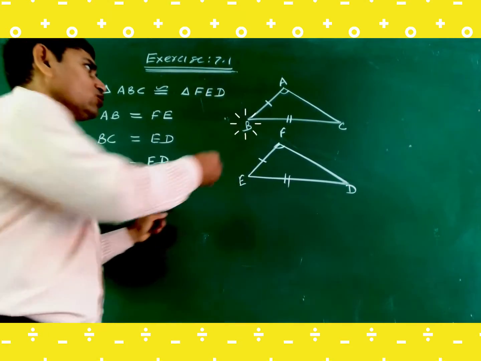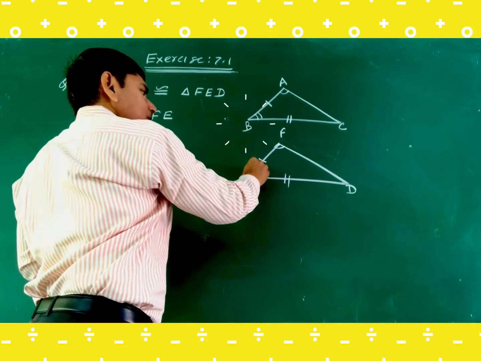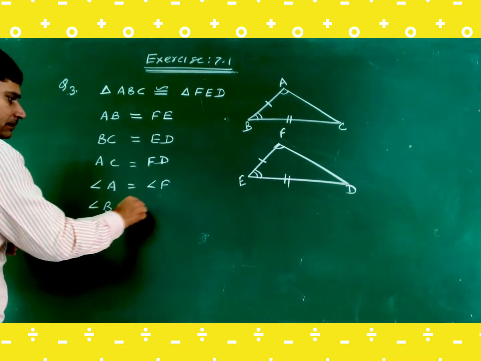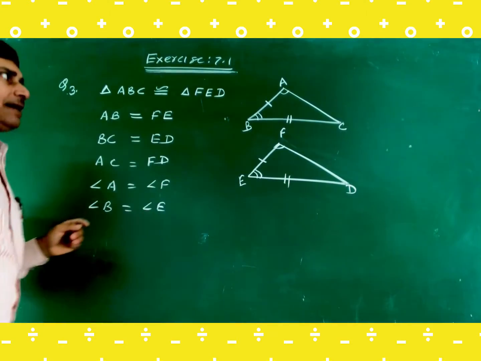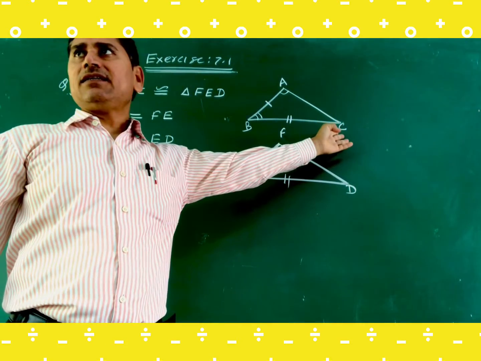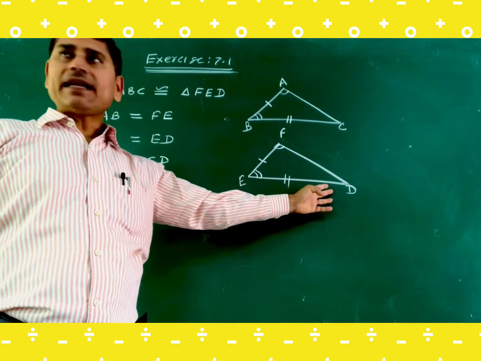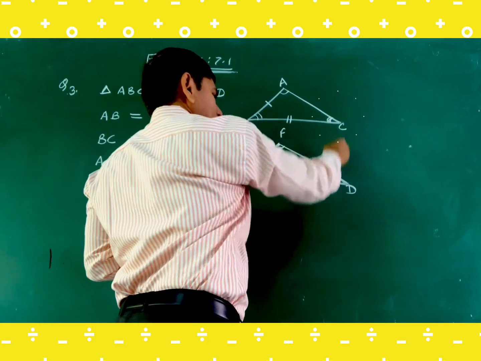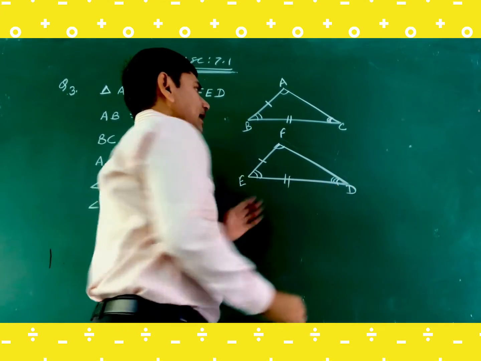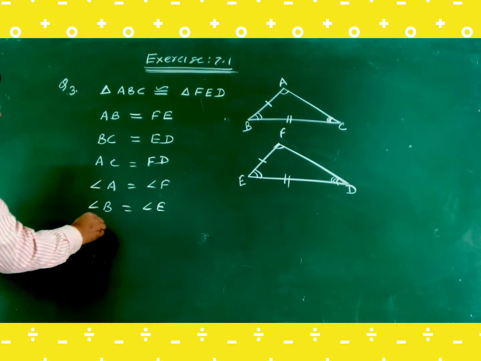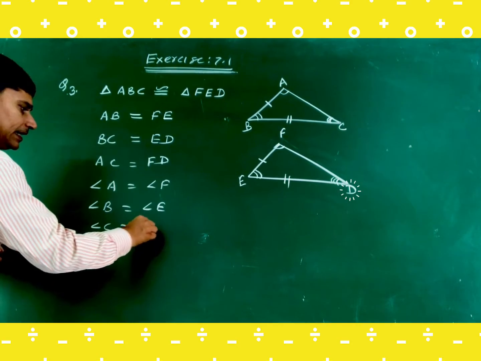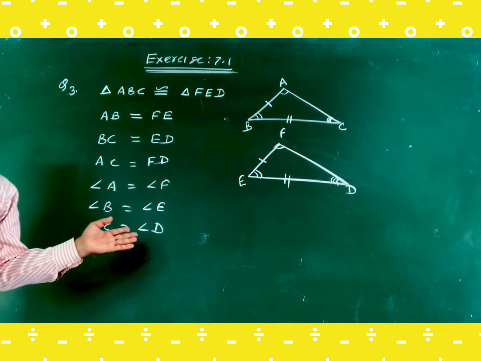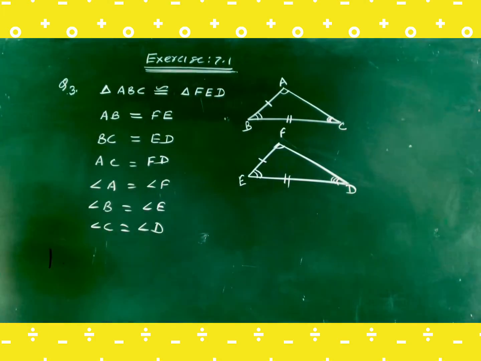So you can say that angle B equals angle E. And after that, the right vertex here is C, and here the right vertex is D. So this angle is also correspondingly equal. That is, you can say that angle C equals angle D.